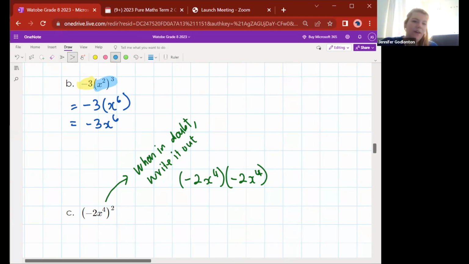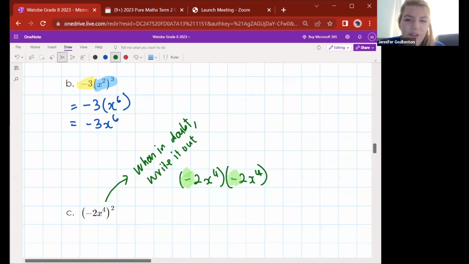If I looked at this question the long way, where I've written it out like this, and you were given this question in algebra and asked to simplify, and you followed your ideas of sign, numbers, and variables, we've got a negative times a negative. What do two negatives make when we have a negative times a negative? So think about our signs, numbers, variables.